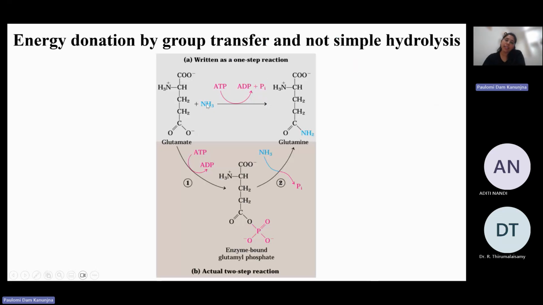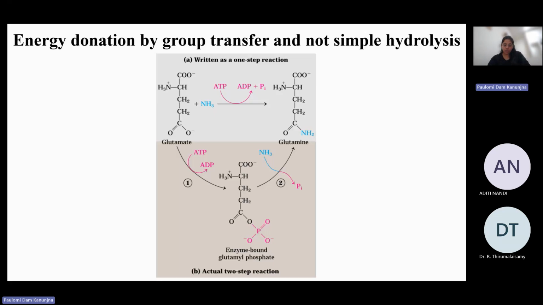You have to add an amine group to the glutamate, and the energy that drives this reaction comes from ATP hydrolysis. ATP is hydrolyzed to give adenosine diphosphate, and one phosphate is removed. It looks like a simple hydrolysis, where the energy generated while breaking down drives the reaction in which ammonium is bound to the glutamate.